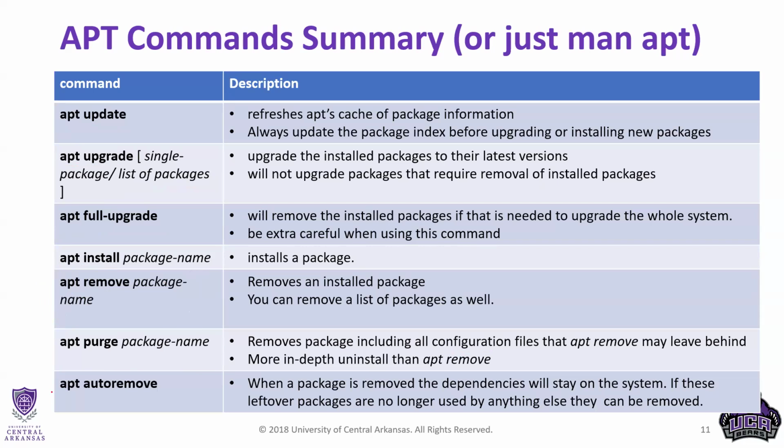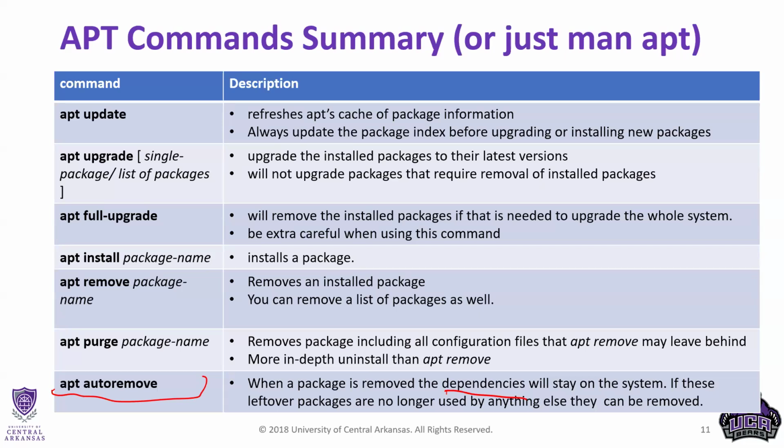Now, the last one here, apt autoremove. These are dependencies. Linux is smart enough to keep track of the dependency software that it downloads when it's needed for a program to run, and it also keeps track of what program is running it.